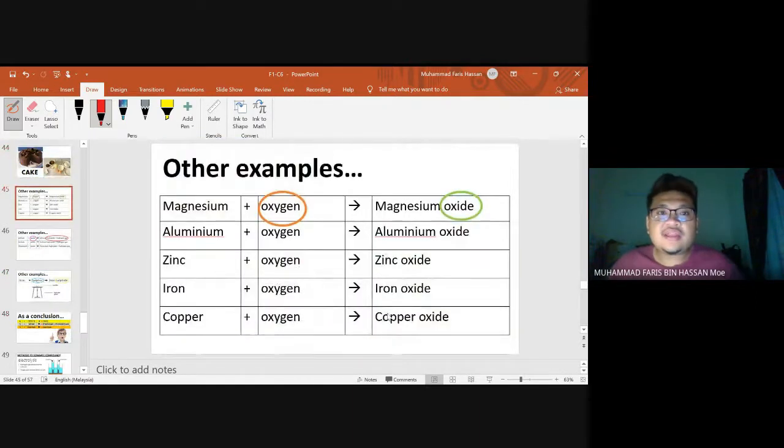Now we go through the examples. The reaction between magnesium and oxygen will form magnesium oxide. This is an example of a reaction between a metal, magnesium, and a non-metal element to form a compound.